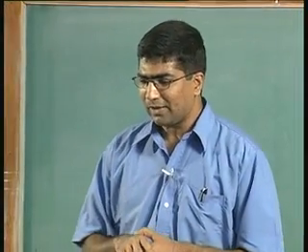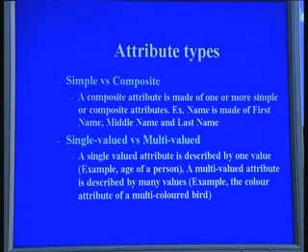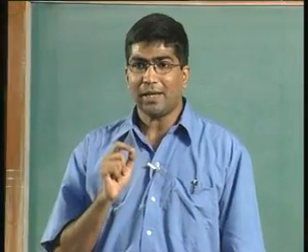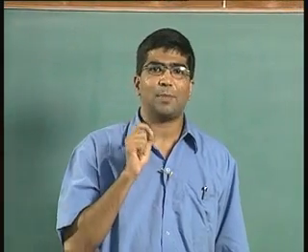Okay. And there could be something like a single valued attribute or a multi-valued attribute. Now, what is a single valued attribute? Again, age is a single valued attribute. At any point in time, at least you have just one age, right? That is, at this point in time, let us say you are 30 years old or 35 years old or whatever. On the other hand, at any given point in time, an attribute may actually have multiple values.